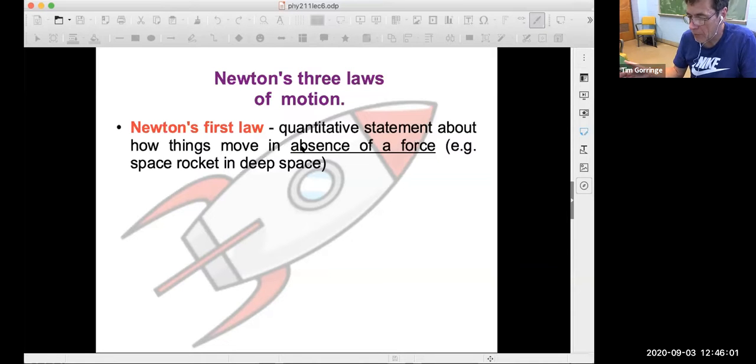An example might be, supposing you had a space rocket. I'm in a space rocket in deep space, far from the Earth, the sun, or whatever. Out there, no forces are acting on me and my space rocket. And Newton's first law describes that situation.